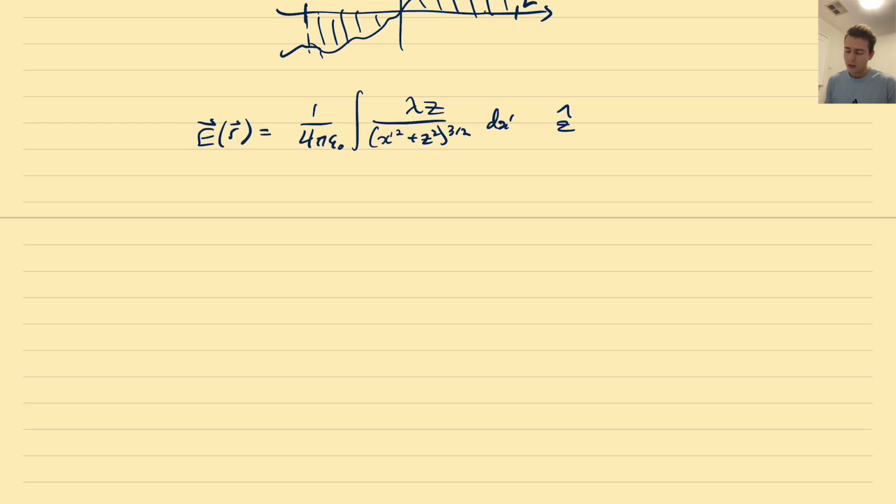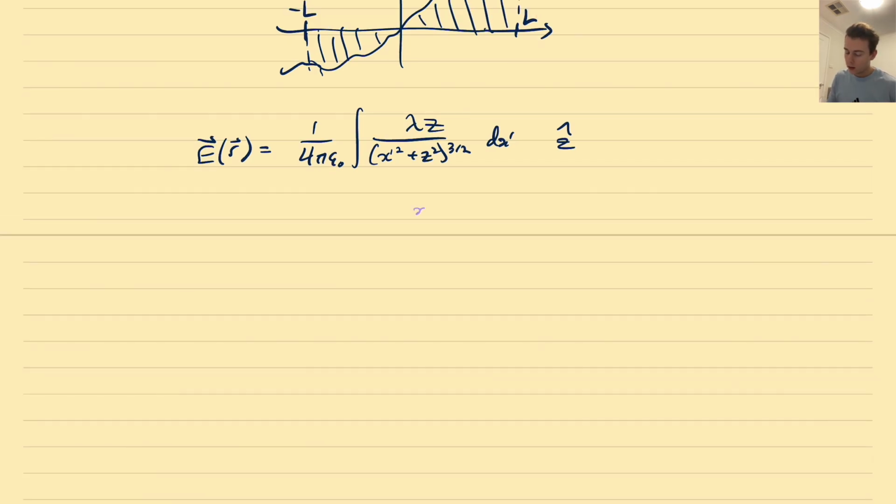And as for thinking about what substitution to approach here, if you notice, I have my x prime here and a z here. So if I have for my substitution some relationship that x prime equals z times a function of u, then when I plug that into here, this whole term in parenthesis can be factored like z squared times f squared of u plus 1.